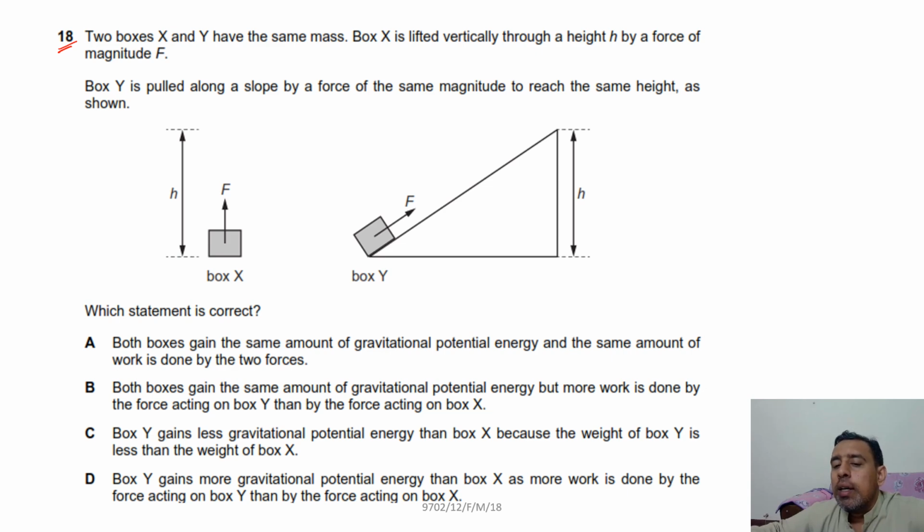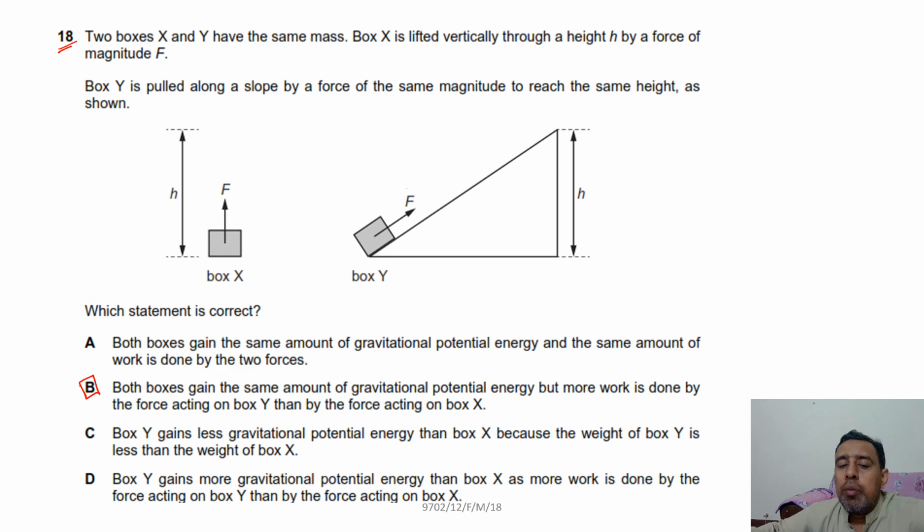But more work is done by the force acting on Y. This force is bigger than this force, so this is looking correct, because more force is required over here, because some extra work is required to overcome the opposing forces along the inclined plane and some frictional forces, and that's why this is the correct option.